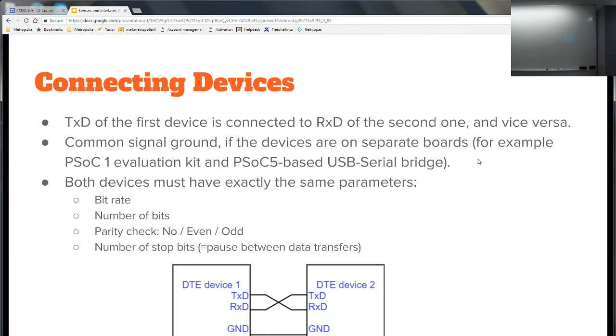And then there are also some other parameters from the old ages. There was also the carrier detect for modems, ring indicators for modems, and even some serial lines had a second serial line next to it. And then there were handshaking lines.